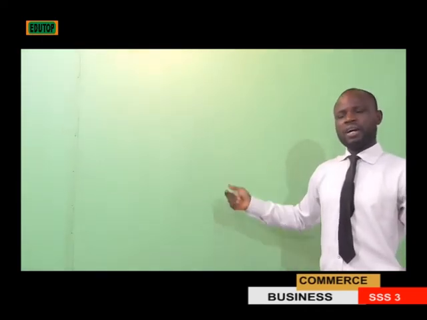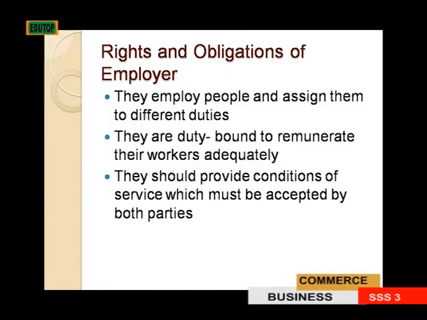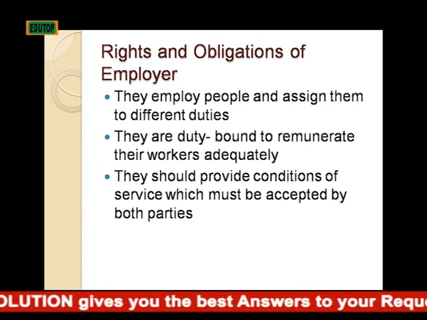Let's look at rights and obligations of employer. 1. They employ people and assign them to different duties. They are duty bound to remunerate their workers adequately.